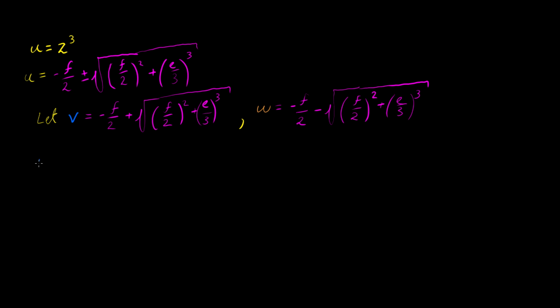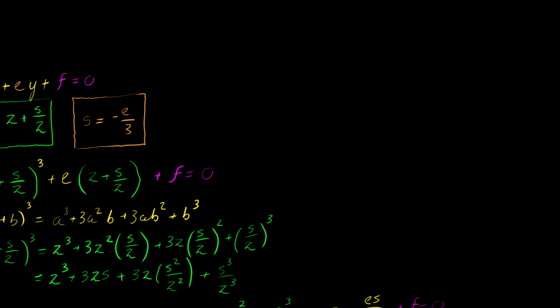So now, one interesting fact that you should know is that of any quadratic equation, if we multiply the two roots, the two solutions together, you're just going to get the constant term. So here, if we multiply VW together, we're going to get the constant term, which I believe was e cubed over 27. And this is a very useful fact which we're going to be using to help us solve the cubic. So if you don't believe me, let's have a look down here at the original quadratic.